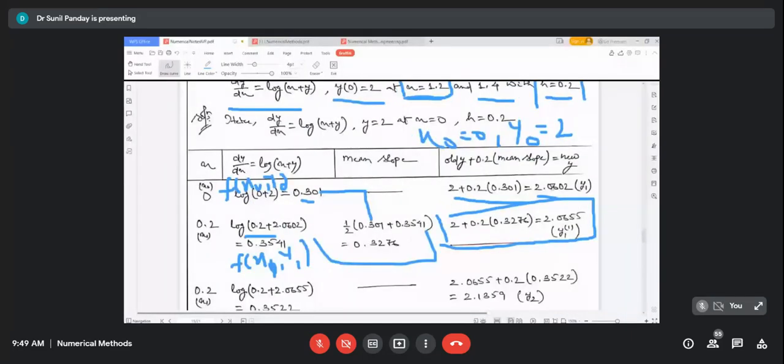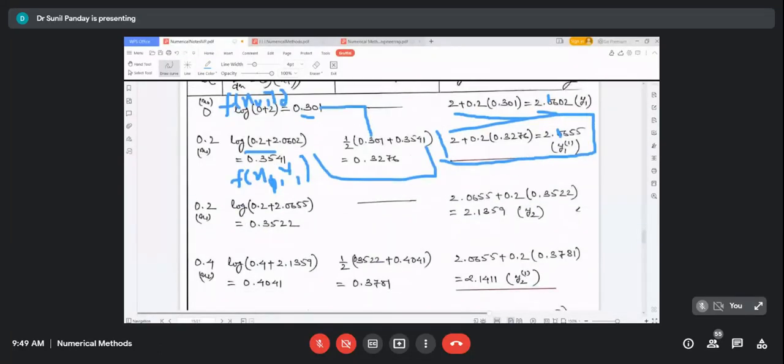So if the first digit after the decimal is matching, then we are not updating the value of y1. So this is our first updated value, and this is matching with y1 at the first decimal place.